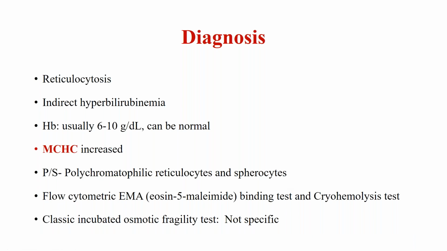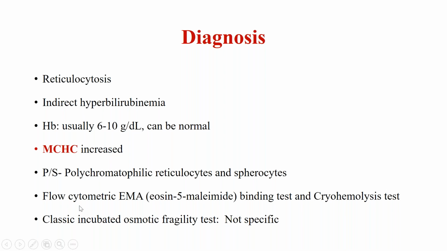So how do we diagnose? The common tests for hemolysis are reticulocytosis, anemia, indirect hyperbilirubinemia, and an important thing is the MCHC is increased in these cases because the RBCs become more spherical. The concentration of hemoglobin increases in them.